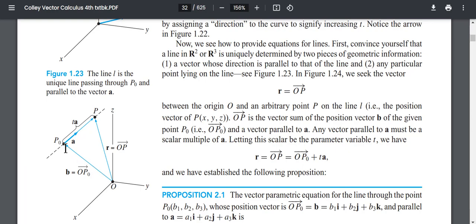So that's b, and then adding some multiple of a, adding ta. So we can say that r is equal to OP, which is b, plus ta.